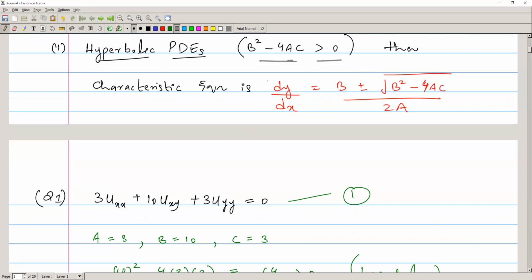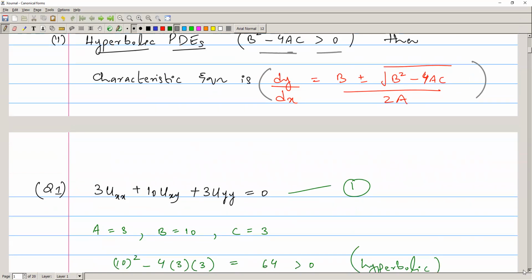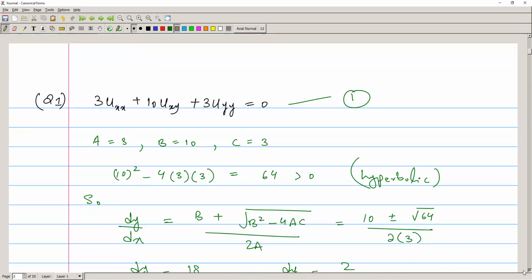So then the characteristic equation is given by this form dy over dx. So once you find that this is a hyperbolic PDE, then you can apply this form easily. Dy by dx equals b plus minus square root of b squared minus 4ac over 2a. And we will see in the problem how we will apply all these phenomena, right?